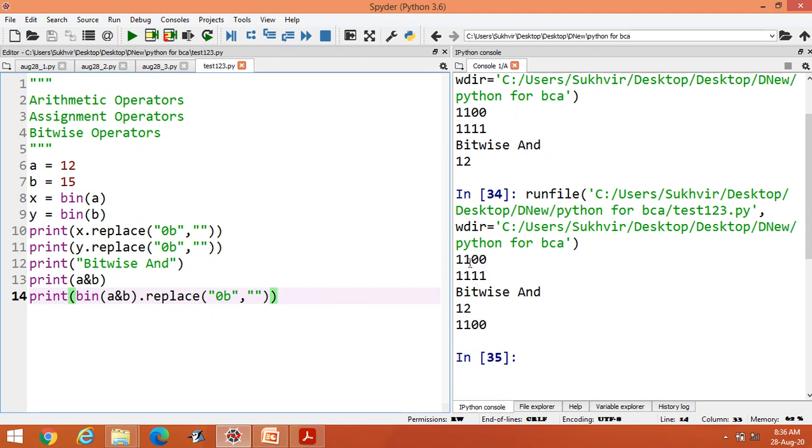Now what is the meaning of bitwise AND? 0 1, the answer is 0. 0 1, again the answer is 0. 1 1, answer is 1. 1 1, answer is 1. Basically, what is the meaning of AND? If both the input values are 1, only then the answer is 1. Otherwise, the answer is 0.